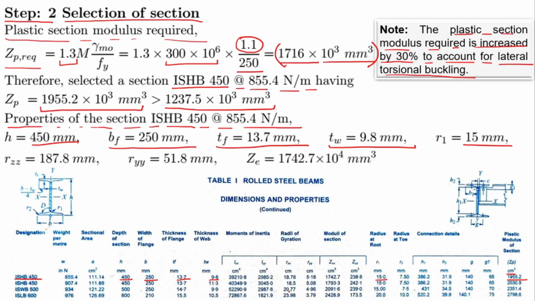Then RZZ or RXX is 18.78 centimeter or 187.8 mm. Then RYY is 5.18 centimeter or 51.8 mm. Then the elastic section modulus or ZXX is 1742.7 into 10 to the power 4.